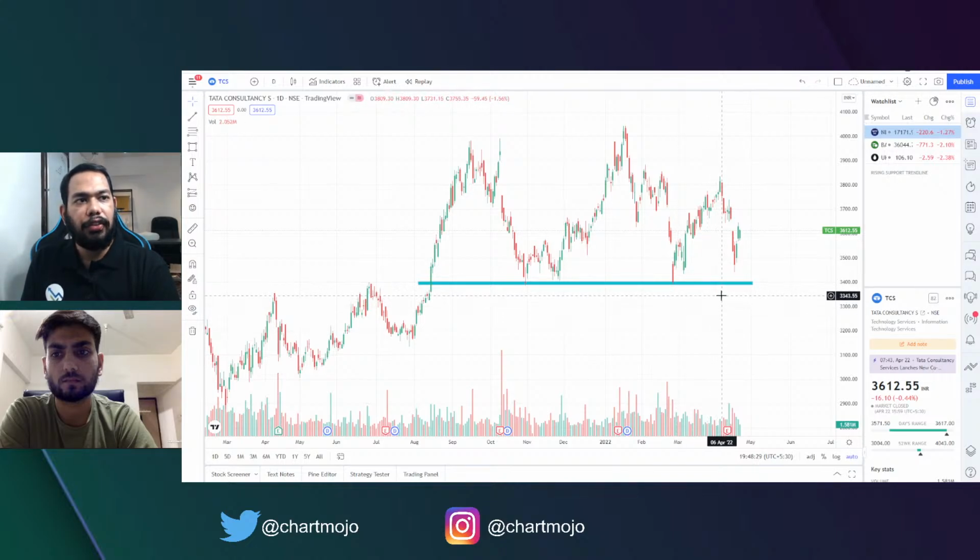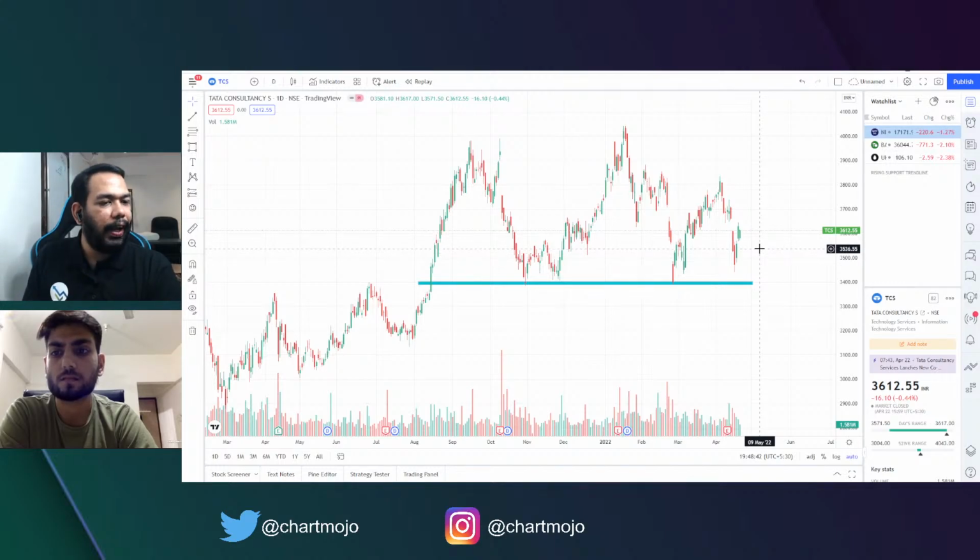So 3400 is the level one can wait for if one wants to take a long in this particular counter. A fresh long can only be made if we see some particular pattern here. So right now I won't suggest any fresh long for trading purposes.